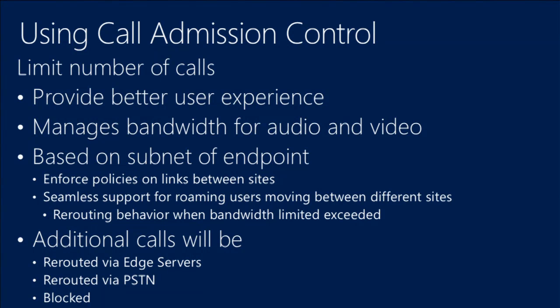So if I travel from one location to the other location, I will get the call admission that is specific for that location. For example, if you have a network link where you want to allow 10 calls at the same time, and these 10 calls are already happening, and you don't do call admission control, if user number 11 wants to do a call, they just do a call, it will go through.